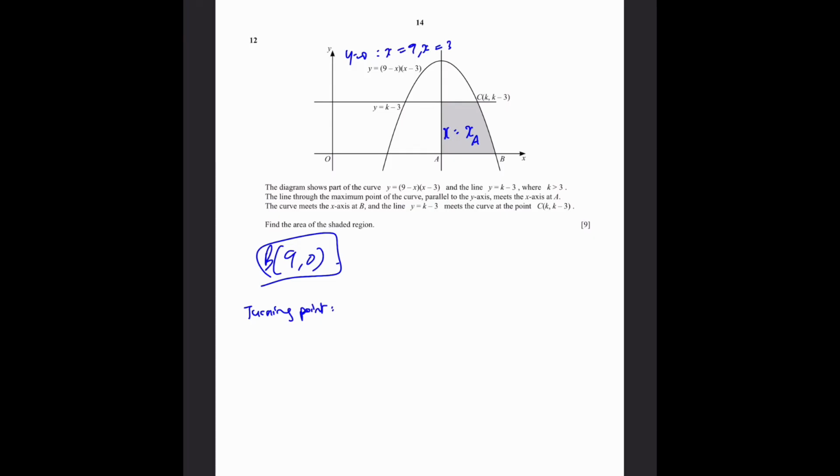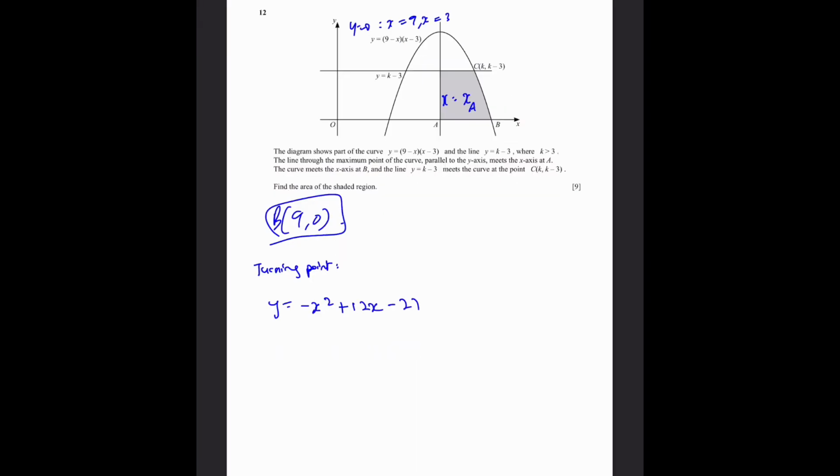To find the turning point, we first write the equation of this curve expanded. So minus x squared plus 12x minus 27. Now to find the turning point, we set dy by dx equal to 0.